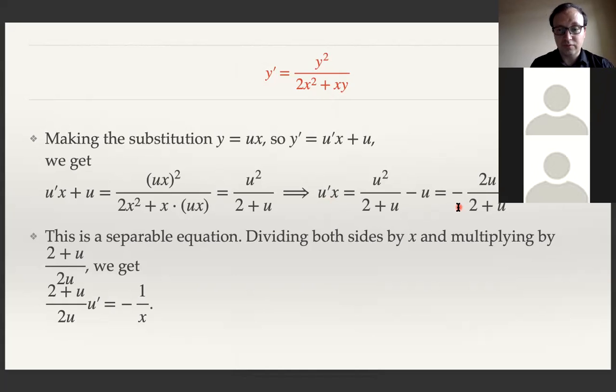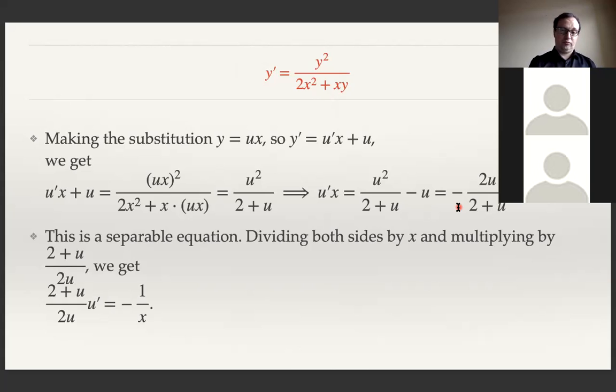Namely, minus 1 over x is a function of x, and 2u over 2 plus u is a function of u. But of course, you don't have to group them like this. You can also write it as 1 over x, which is a function of x, times minus 2u over 2 plus u, which is a function of u, in infinitely many ways.